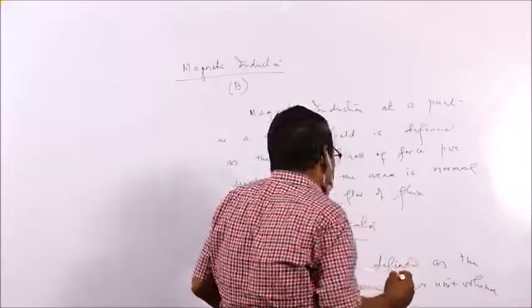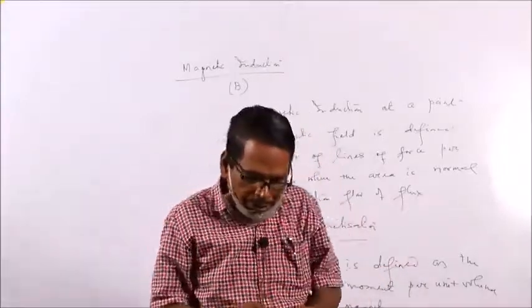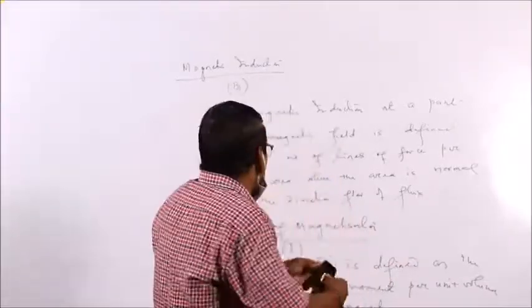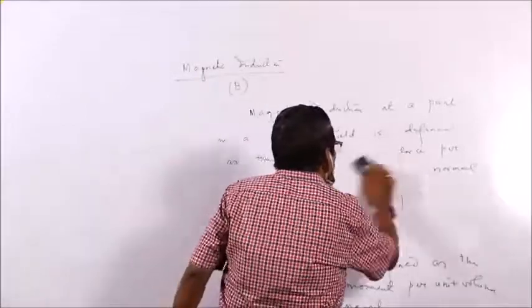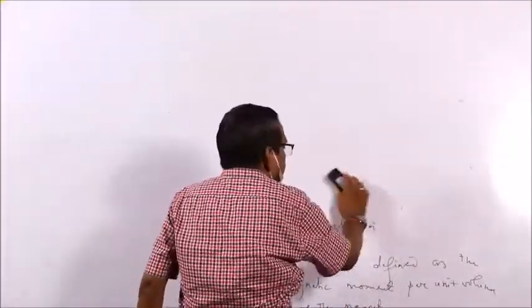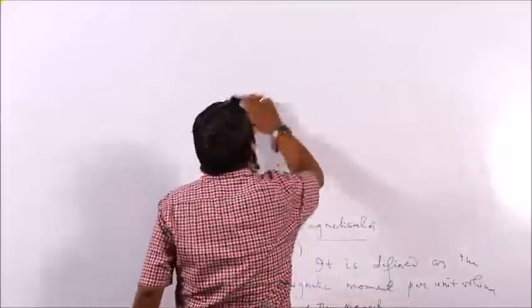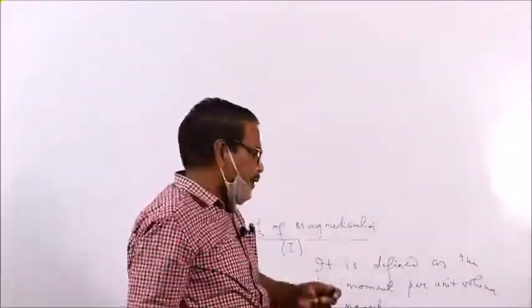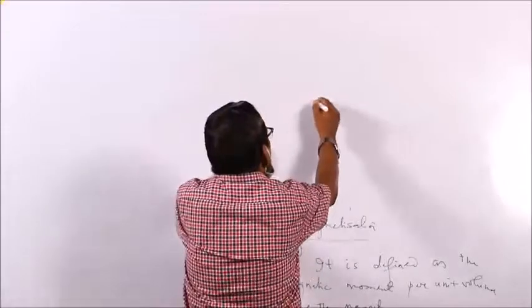You know what magnetic moment is and what the volume of the magnet is. Let us find out those things. What is the magnetic moment? I have already told you that magnetic moment is defined as the product of pole strength and the distance between the two poles.